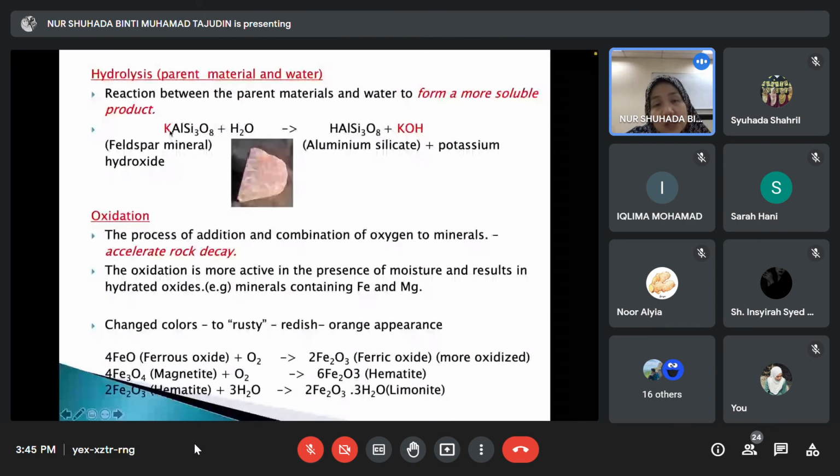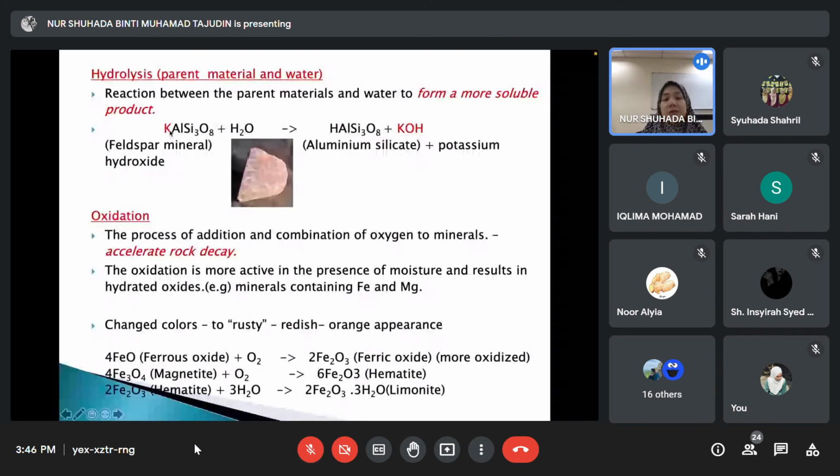With the addition of water, it will change into aluminium silicate, and it will release the potassium. From here, you can take the potassium to make fertiliser. That's why different minerals differ from the original parent; when they undergo weathering, they become other minerals that might be useful for you.